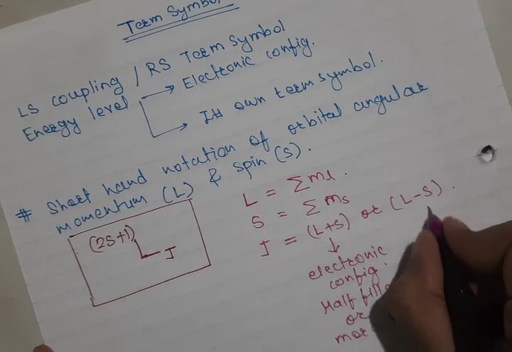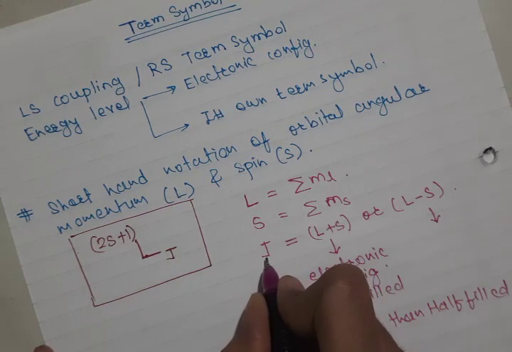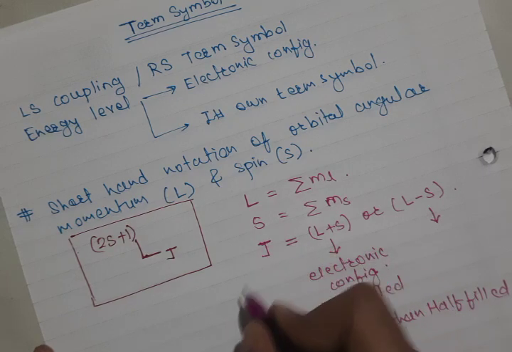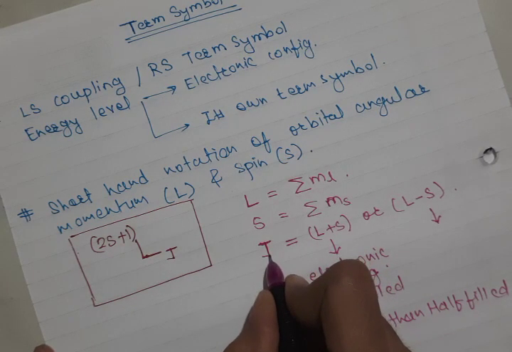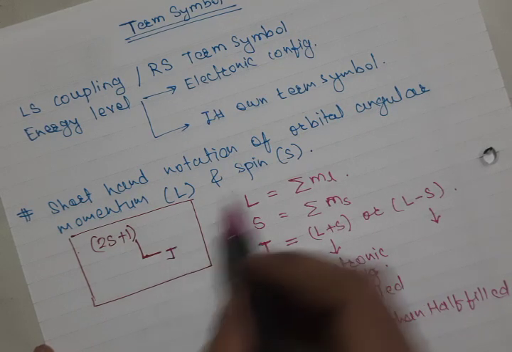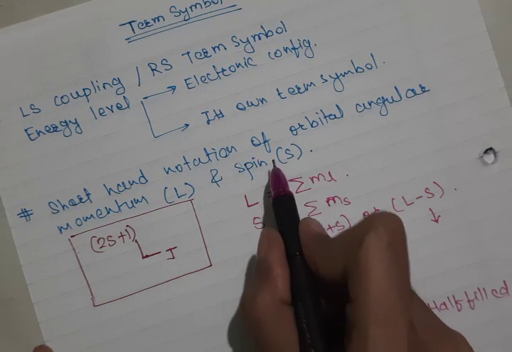J is also called the total angular momentum quantum number, which includes the orbital angular momentum and spin of the electron.